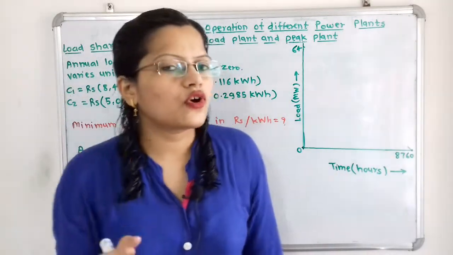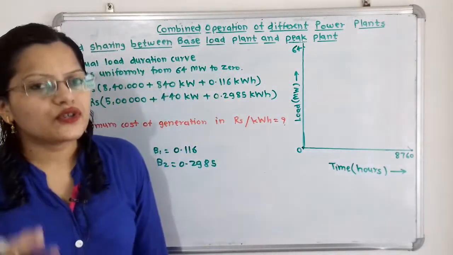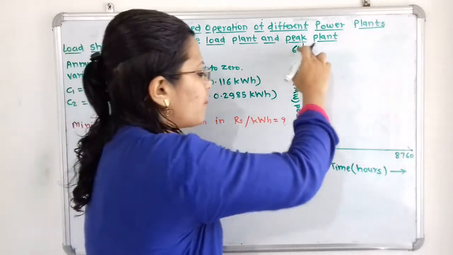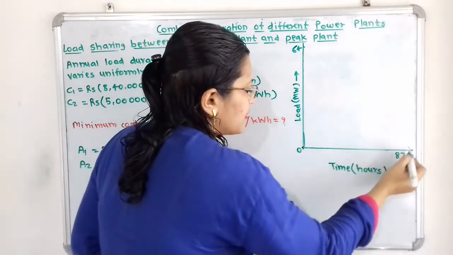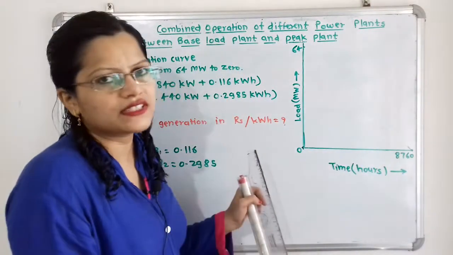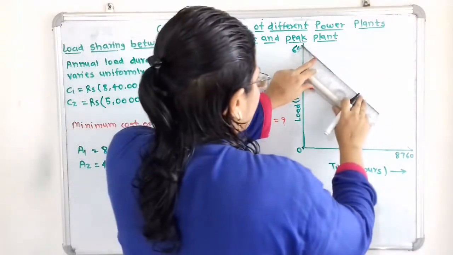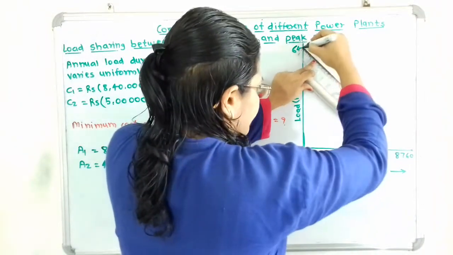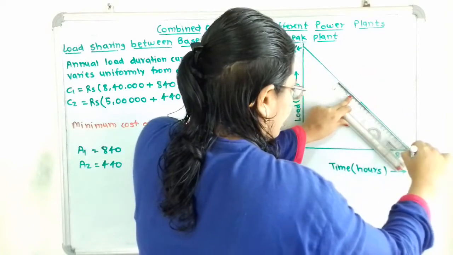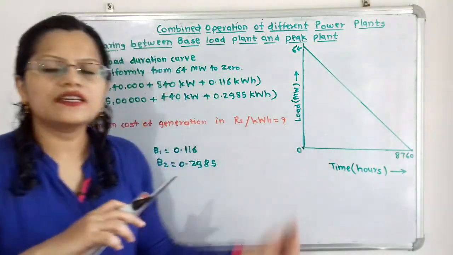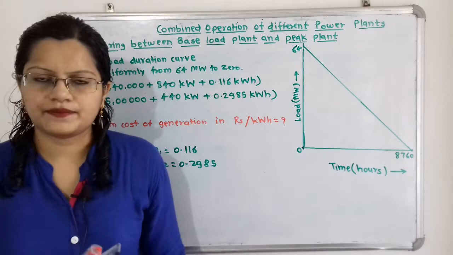Now this load duration curve varies uniformly from 64 to 0. So we will join this, and here the total period 8760 hours is getting covered. Here is the load duration curve.